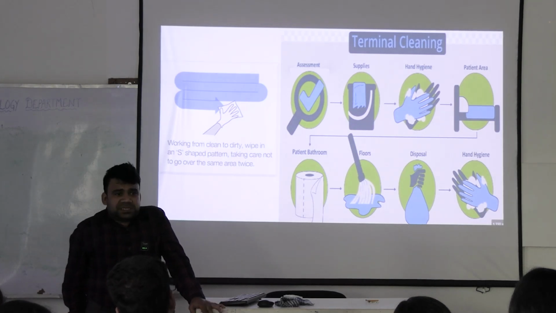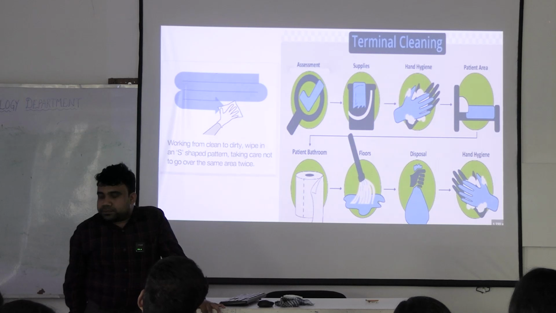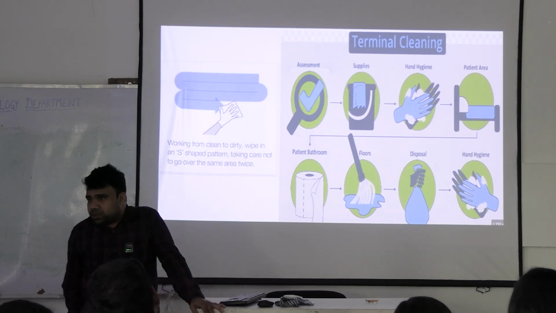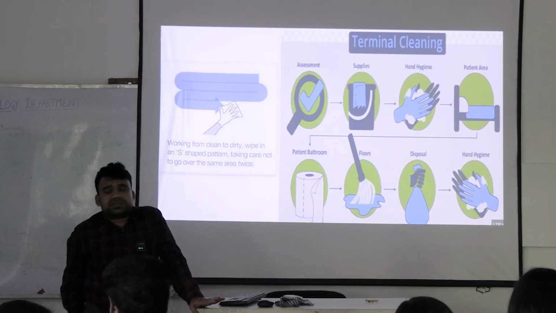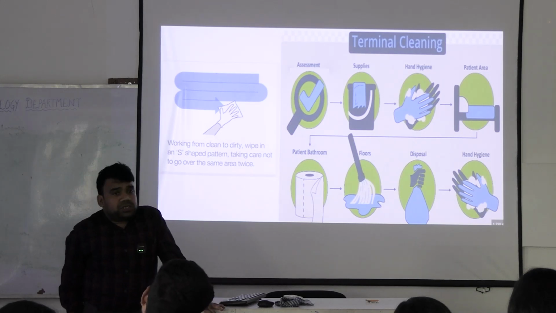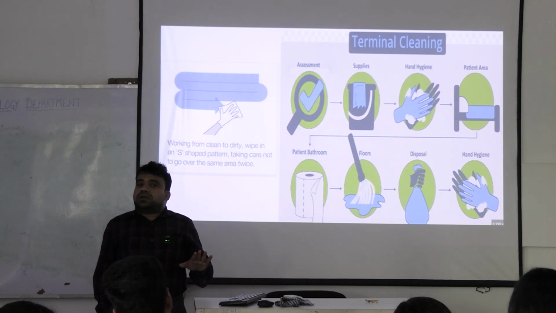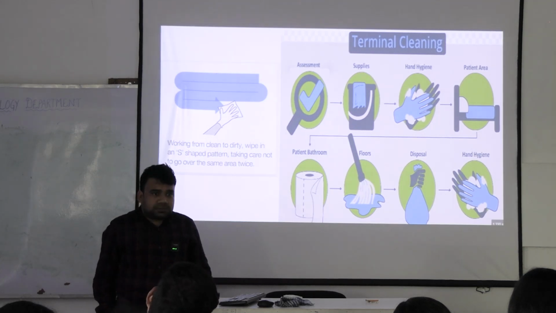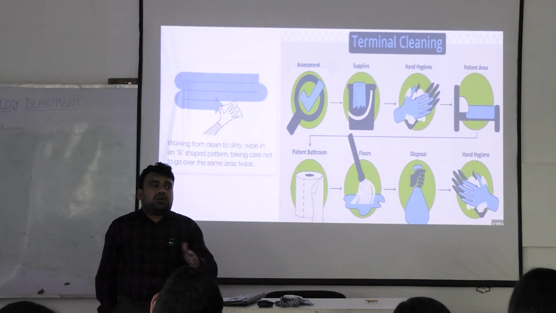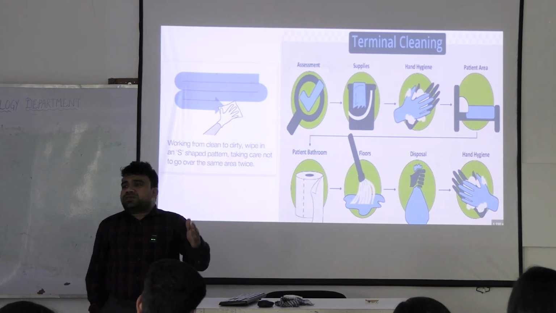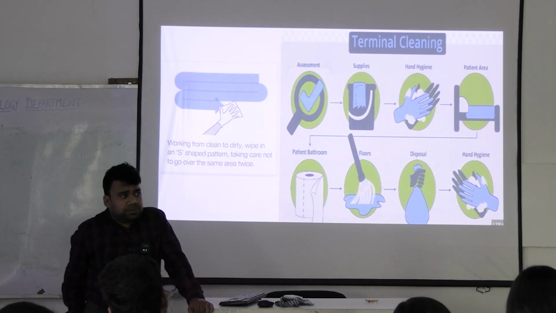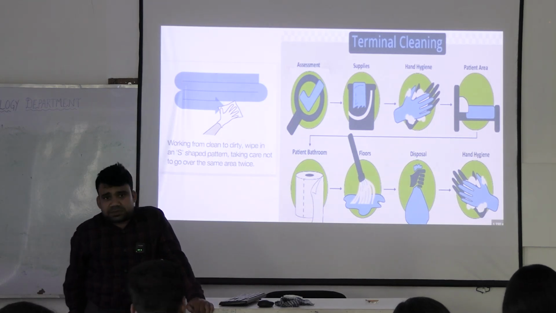So when the patient leaves the room, the outcome might be death or discharge, whatever may be the outcome. After the patient or the patient body leaves the room, we need to make sure that room is conducive for the next person. That means we are not allowing transmission of the same pathogen from the previous patient to the next patient.